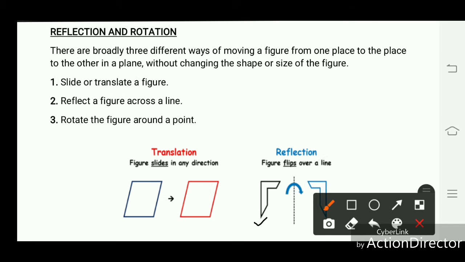So this is an object and this is the image of the object. So the first way is known as translation and the second way is known as reflection.